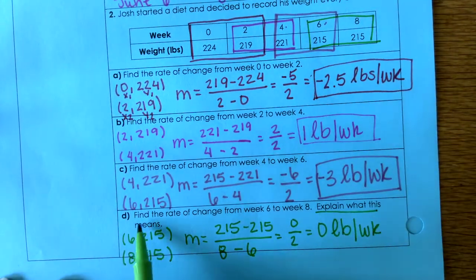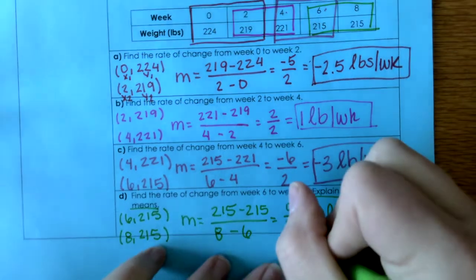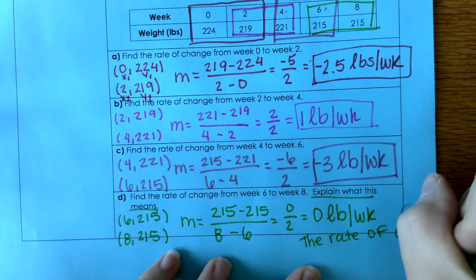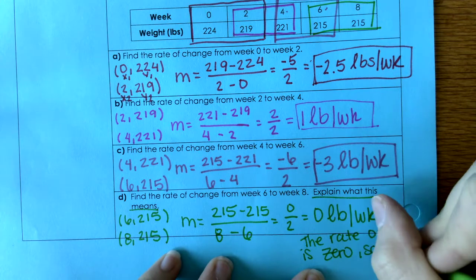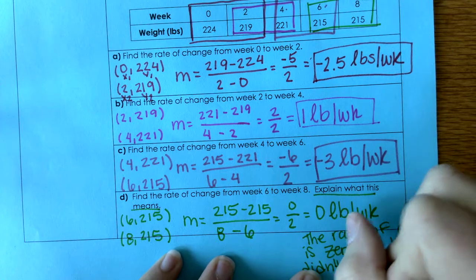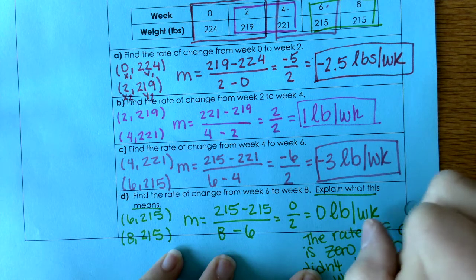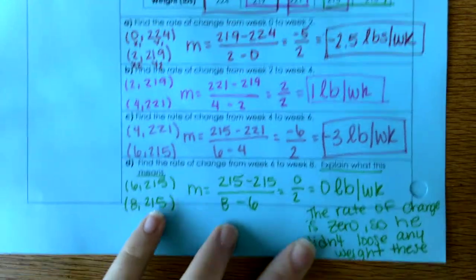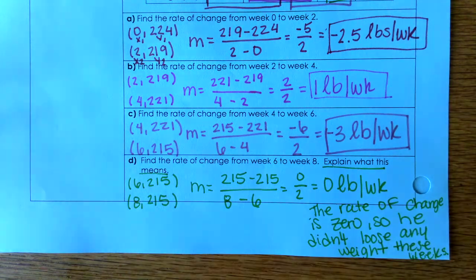Now it asked me to explain what this means. What this means is that the rate of change is 0, so he didn't lose any weight these weeks. So that's what that means there.